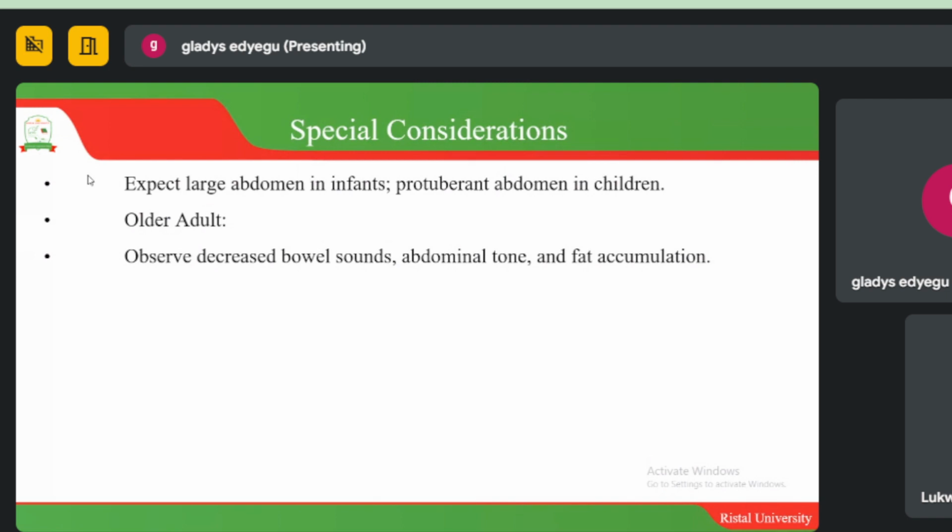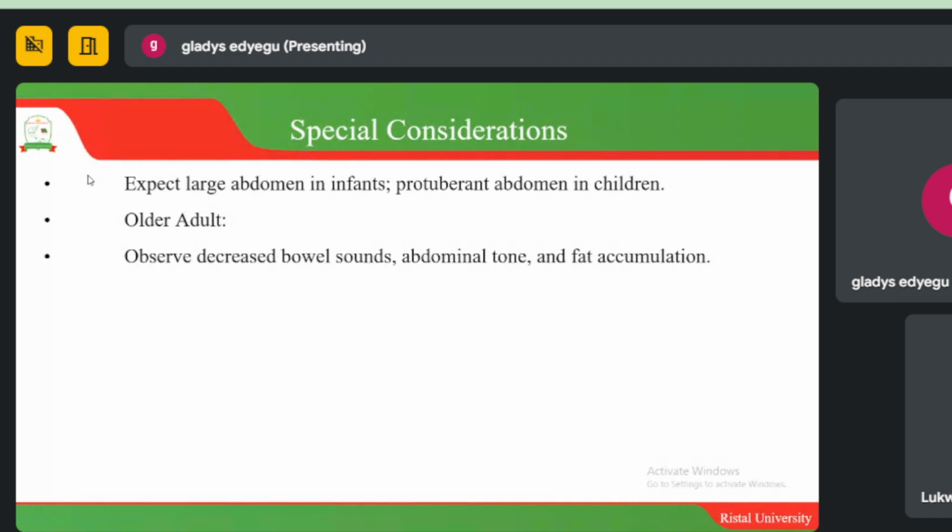So for the older adults, you have to observe for decreased bowel sounds. And if there are decreased bowel sounds, then you should be able to think of something else, because the bowel sounds should not decrease. They should always be at a normal rate. They should be regular.